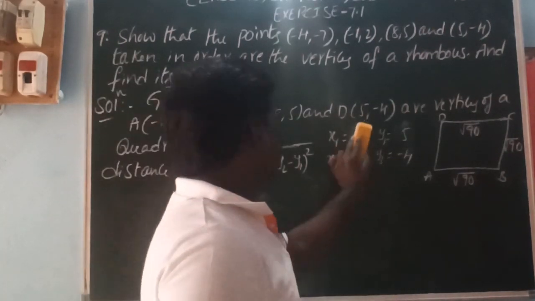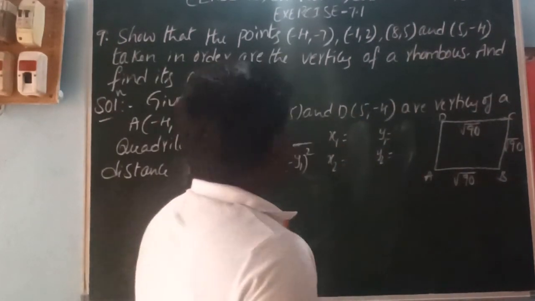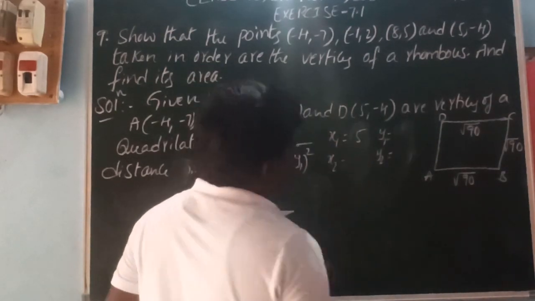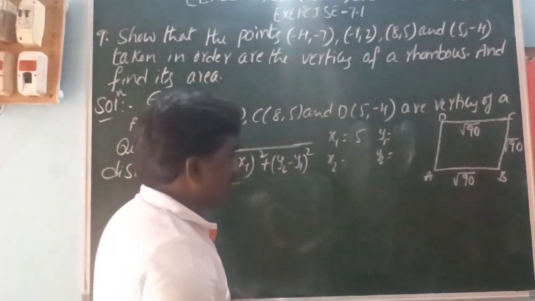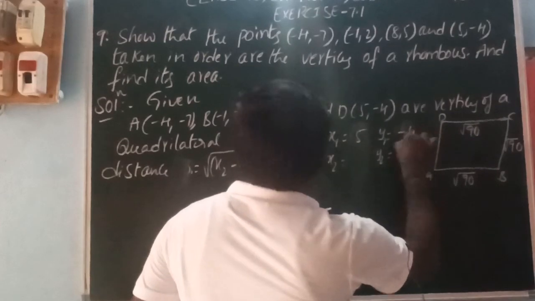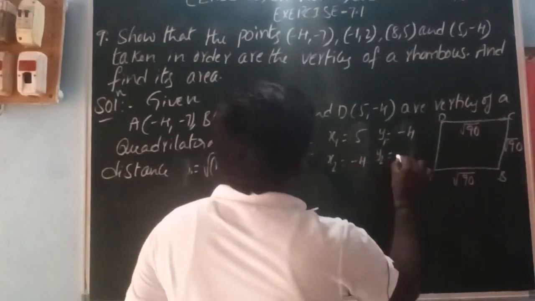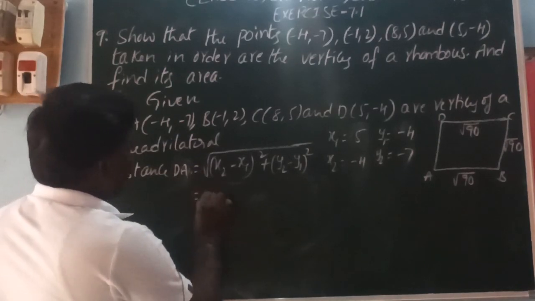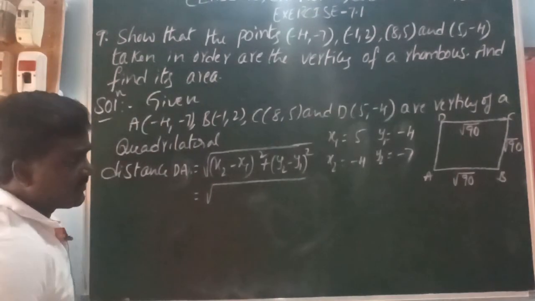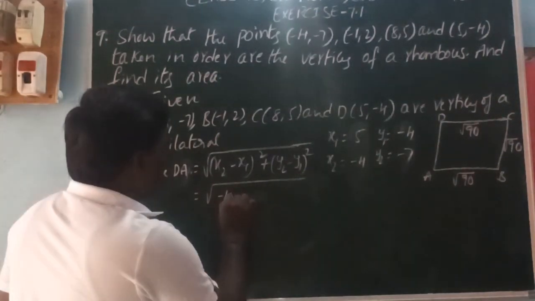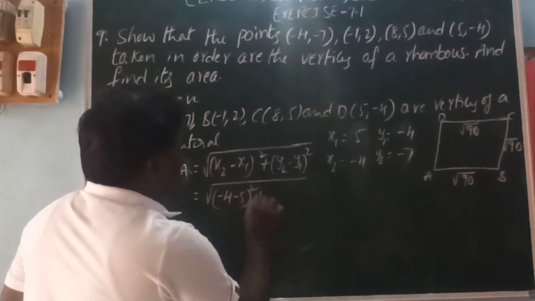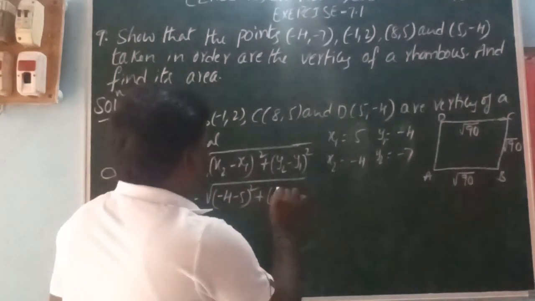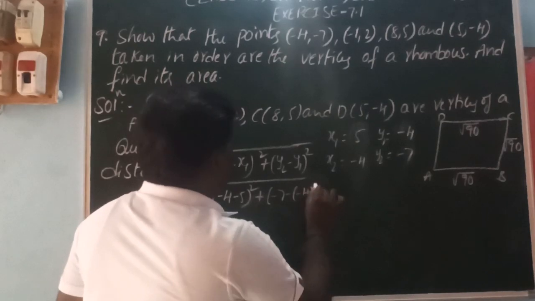Next, the length of DA. D point is (5, -4), so x1 is 5, y1 is -4, and A is (-4, -7). So the DA length is the square root of (x2 minus x1) whole square plus (y2 minus y1) whole square: (-4 minus 5) whole square plus (-7 minus (-4)) whole square.